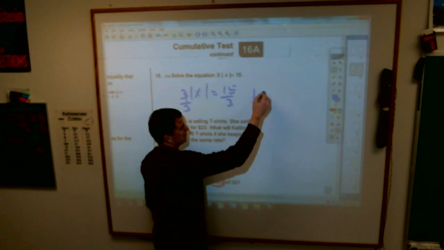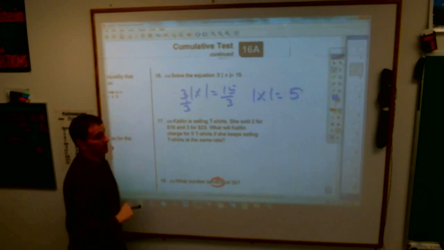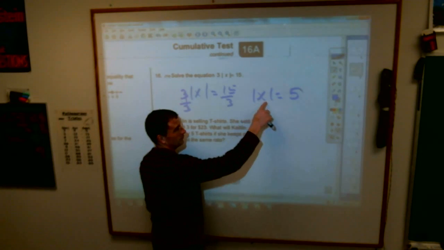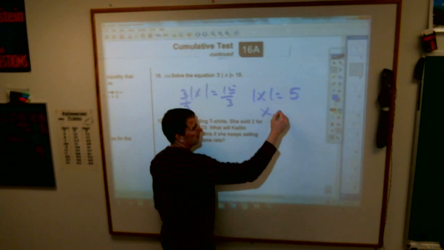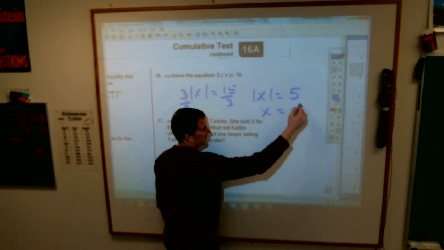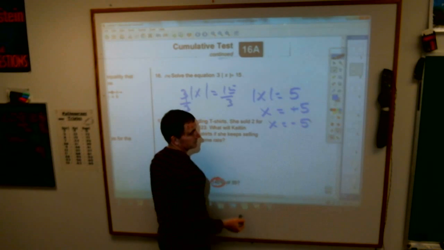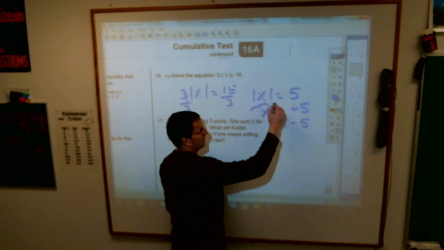So now the absolute value of x equals 5. And then the second step is you write 2 different equations, take away the absolute value sign, make one equation with the positive of this, and make one equation with the negative of it. And it's already solved, so there's nothing more to do after that.